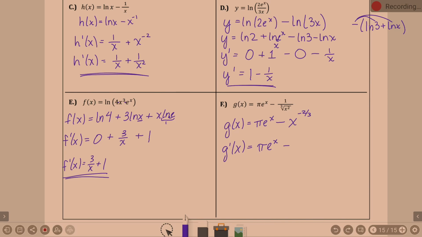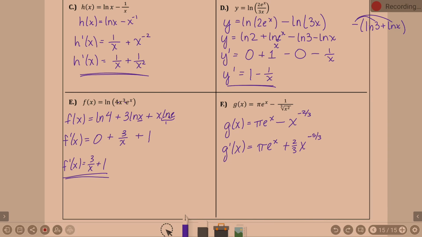Then minus the derivative of x to the negative 2/3, plus 2/3 x to the negative 5/3. Are you guys there? Negative 2/3 times negative 1 is plus 2/3.